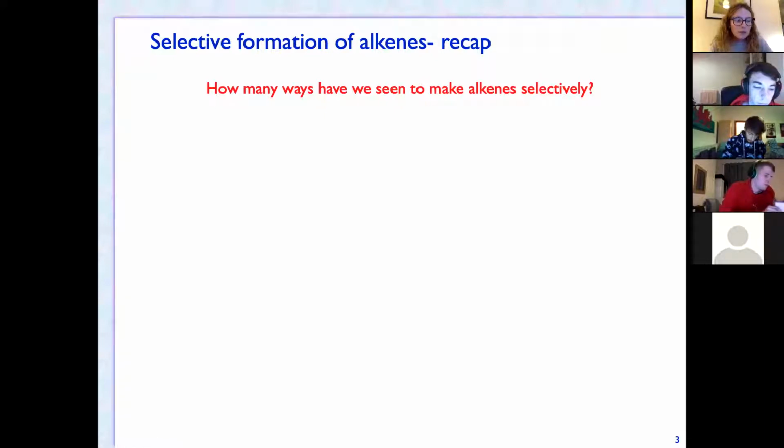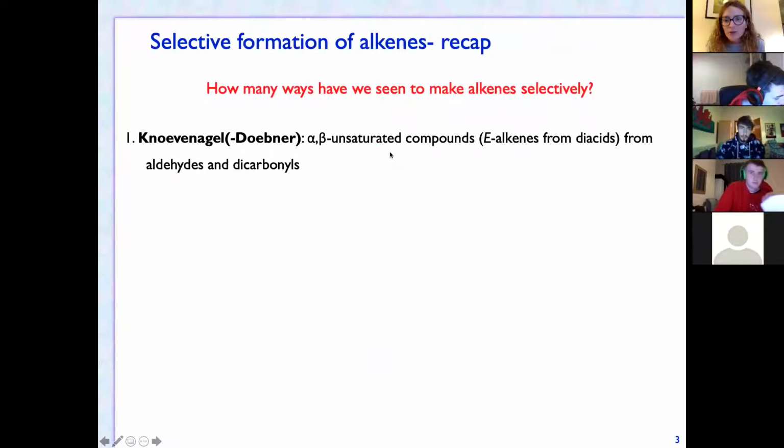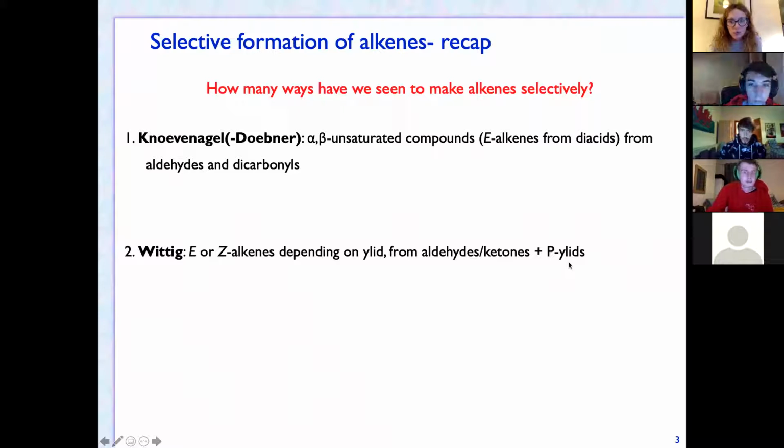So can you remind me which reactions we have seen to make alkenes selectively? Well, this version of the Knoevenagel condensation to start with, and then the Wittig. Yes, we have seen the Wittig, that you knew already from the last years. And then what else?